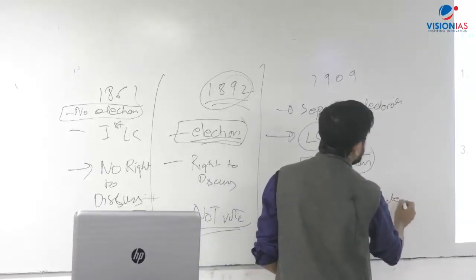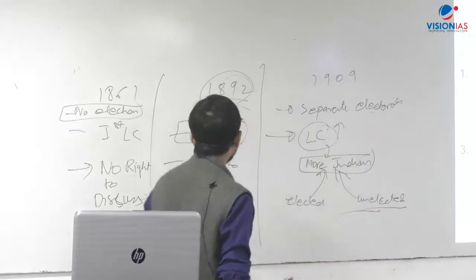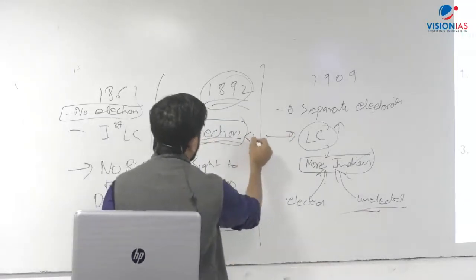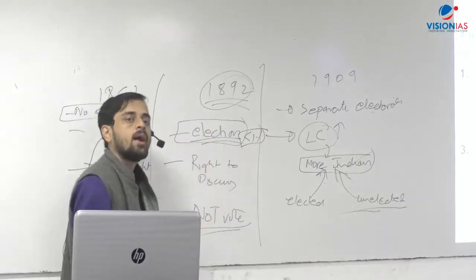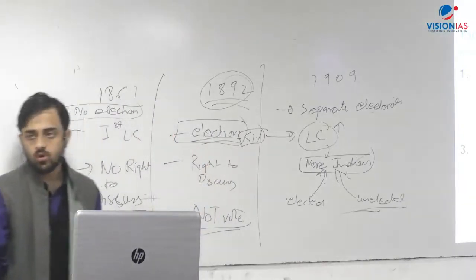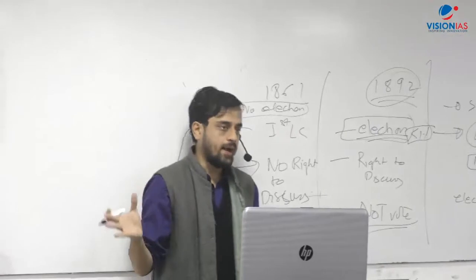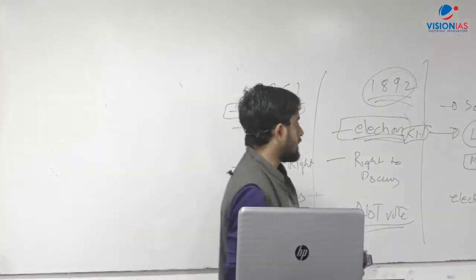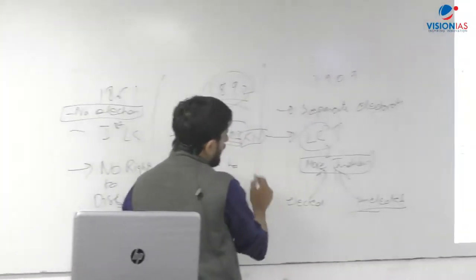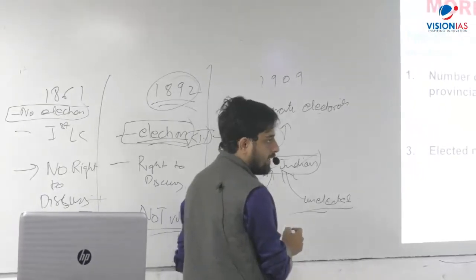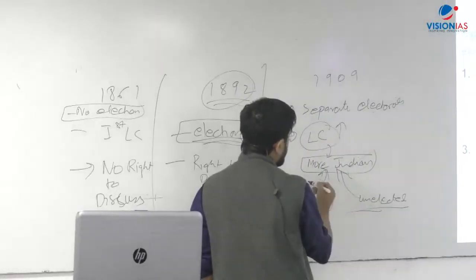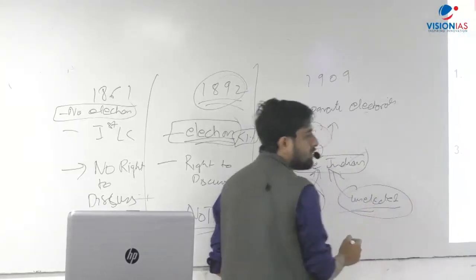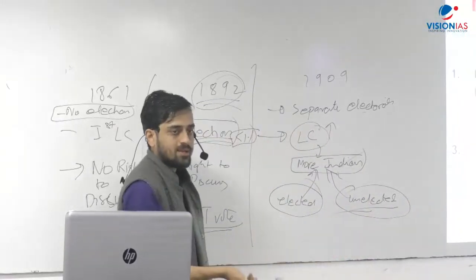Just like in 1892, the right to vote was with less than 1% of the population, because women had no right to vote, so half the population was excluded anyway. And even amongst men, the right to vote was given on the basis of occupation of land and educational qualifications, etc. So even here, the right to vote was very limited. Also, there were Indians who were both elected as well as unelected. The unelected Indians were appointed by the British directly.